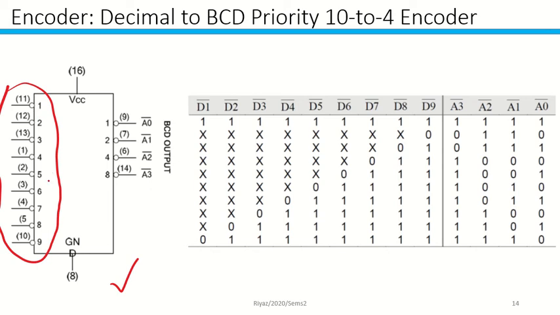This is a very special IC, BCD, a 10 to 4 encoder. So you're going to have 8, 9 inputs, and you need 4 outputs. Here we are going to use the don't care situation. Why we are using the don't care situation is because we want to speed up the work.